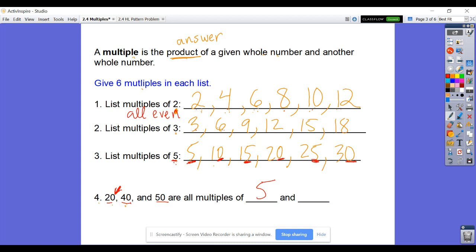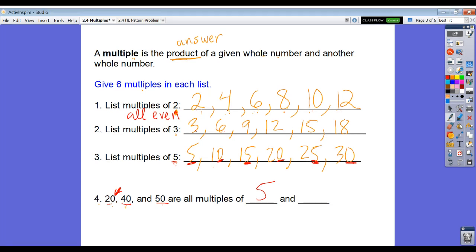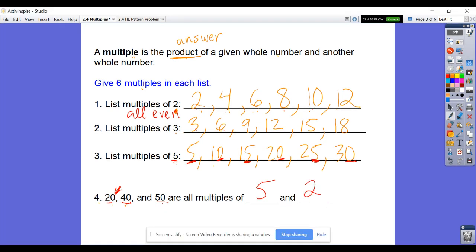I could also say, oh, I notice these are all even numbers. So these are all going to be multiples of 2. That's for sure. And actually, do you spot another one? Since these all have a 0 in their ones place, that means they're all multiples of 10. 10, 20, 30, 40. That's always true for multiples of 10.